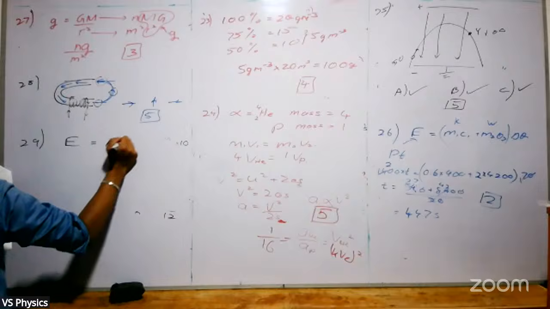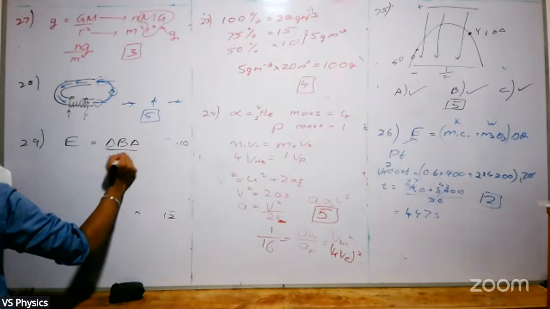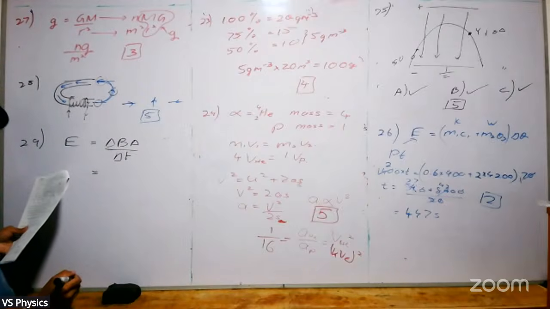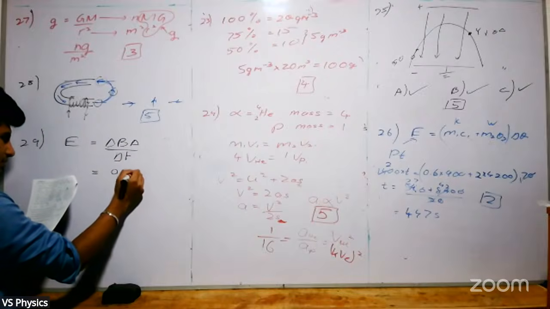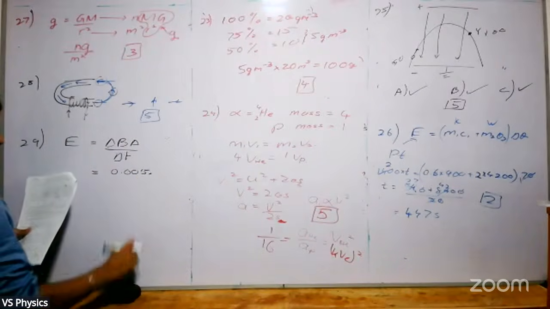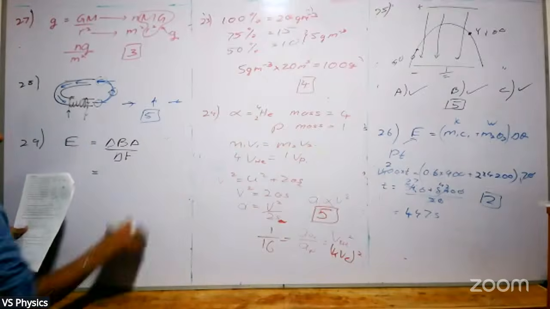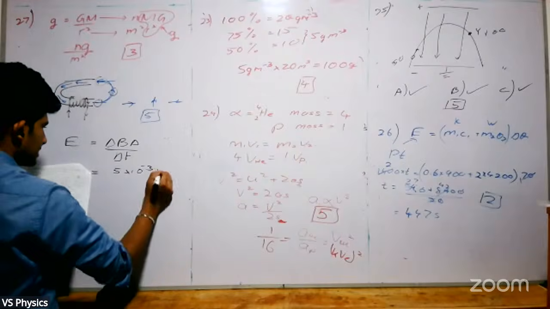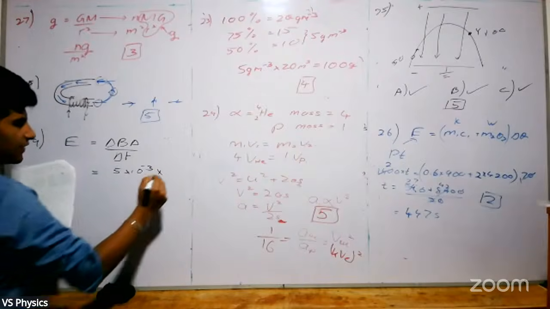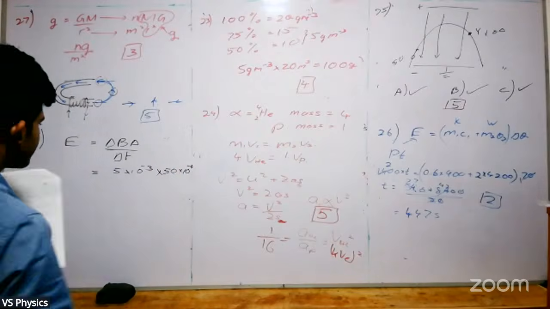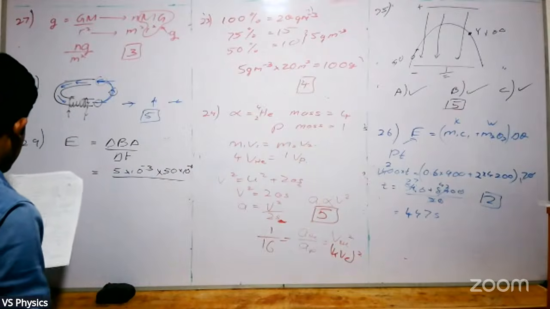EMF is equal to delta B A divided by delta T. There is an equation like this in magnetic fields. Now delta B is 0.01 minus 0.005, which is 0.005. This is tedious, so we write it as 5 times 10 to the power minus 3. Area is 10 times 5, 50 times 10 to the power minus 4, because we have to turn it into square meters.